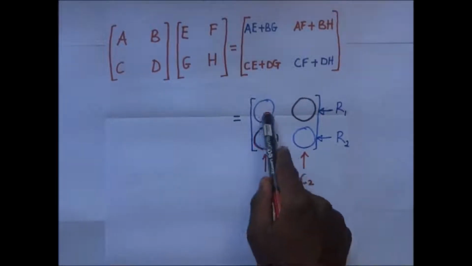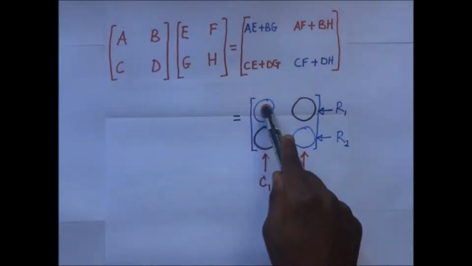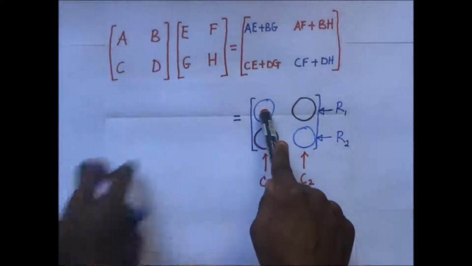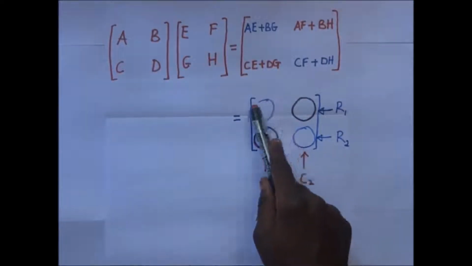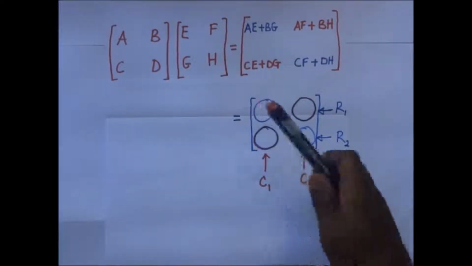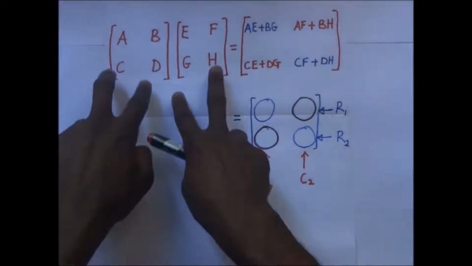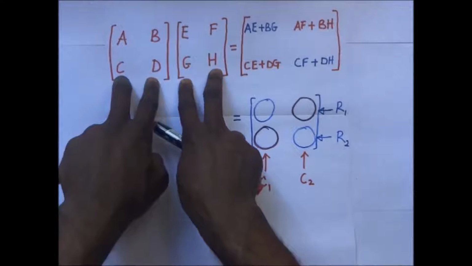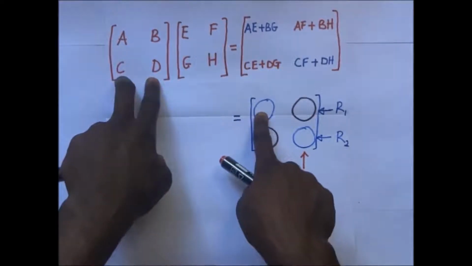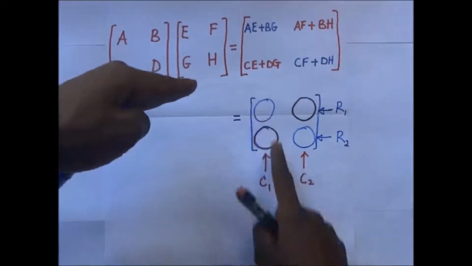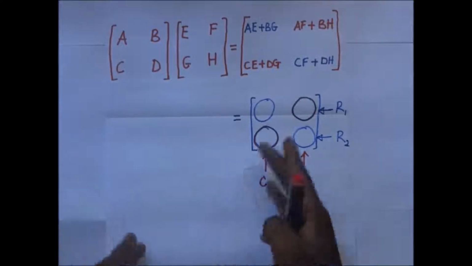So for example, let's assume that we want to find this answer. What answer do we get here when we are multiplying these 2 matrices? If you look at this position here, it is in the top row and on the left hand column. So it means that when we are multiplying these matrices, we are going to multiply the top row by the left column.